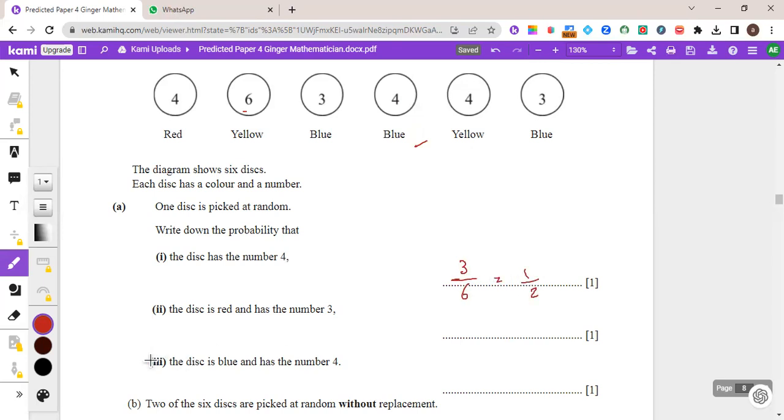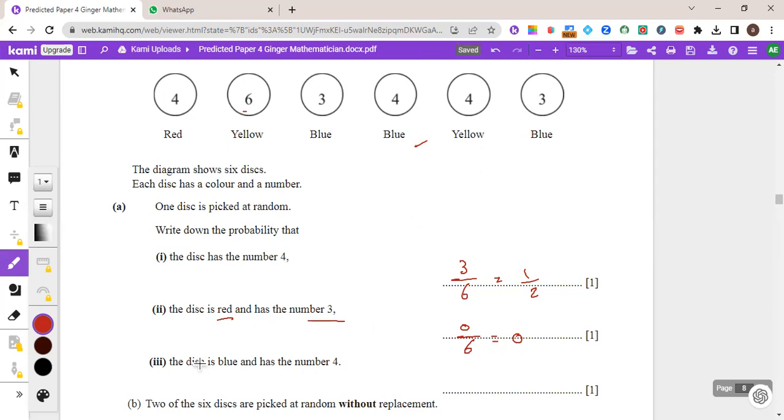Okay, next part. The disc is red and has number 3. So we're going to add them? So 1 over 6 and... no? We want the disc to be red and have number 3. Where is the red with number 3? There isn't one.